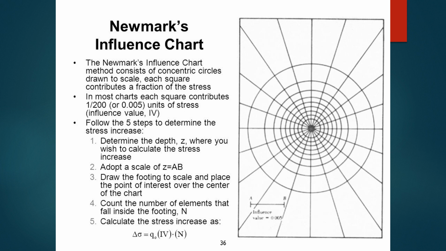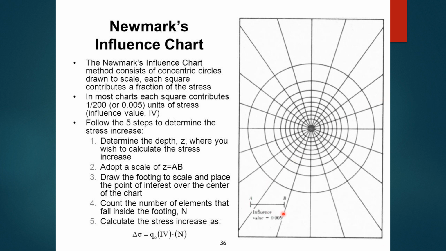Now to determine the stress increase, we have to follow some steps. First, we have to determine the depth, that is Z, where you wish to calculate the stress increase. The second is to adopt a scale of Z equal to this AB, as it is shown in the figure.